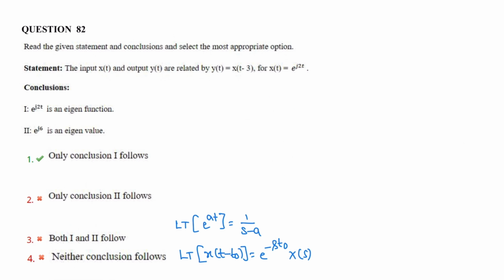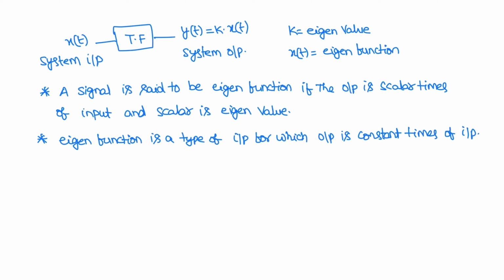Next question. The input and output y of t are related by y of t is equal to x of t minus 3, and x of t is e power j2t. The conclusions are: e power j2t is an eigenfunction, e power j6 is the eigenvalue. So let us see the definition of eigenfunction and eigenvalue. If x of t is the input to the system and y of t is the system output, H represents the transfer function of the system.